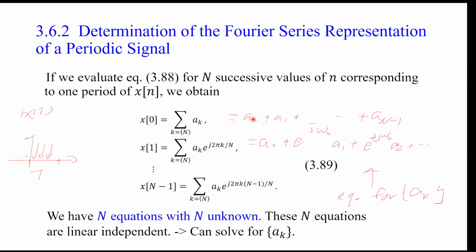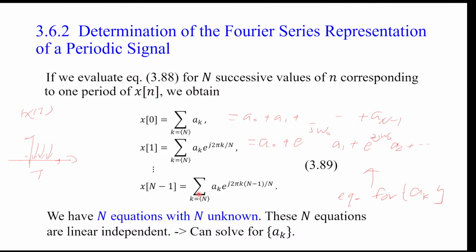So x0 equals a0 plus a1 plus all the way to a_(N-1). And for x1, you write this out, and it will be a0 plus e to the j2 pi 1 divided by N, which is e to the j omega 0, so I should write omega 0 here. This is e to the j omega 0 k. So this is e to the j omega 0 a1, plus e to the j omega 0 k for k equal to 2, then it will be times 2 and times a2, etc.